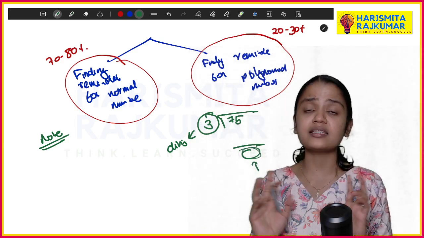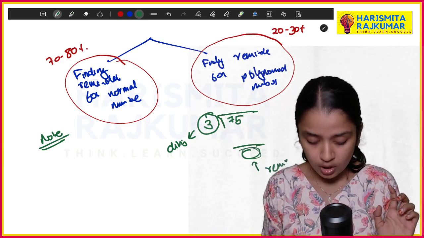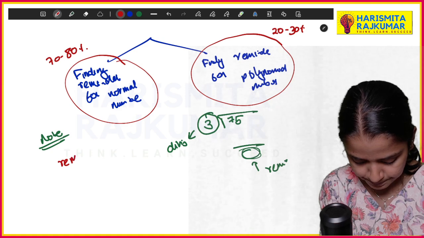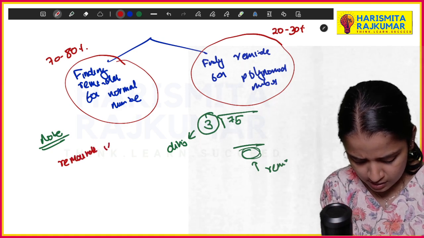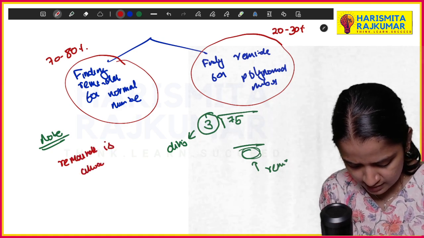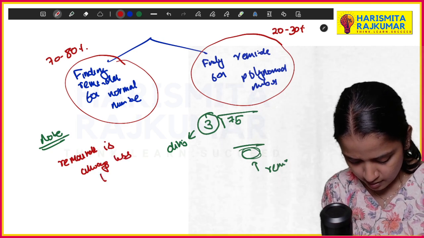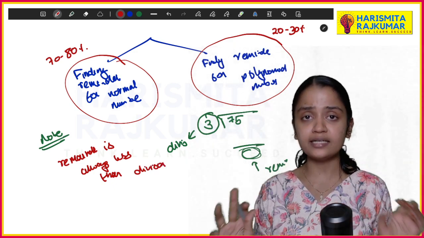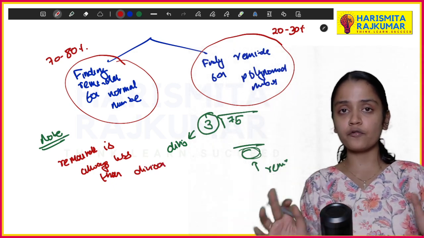The final remainder is what's left. So the important note: remainder is always less than divisor. This is an important rule which you have to remember for solving these.